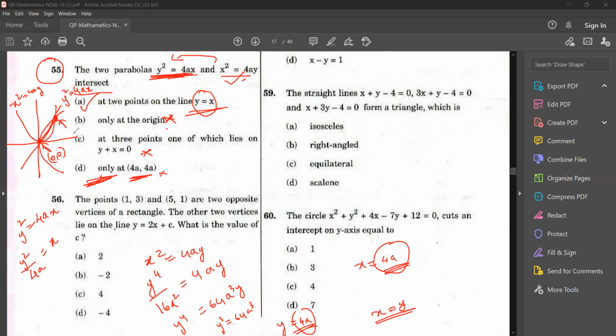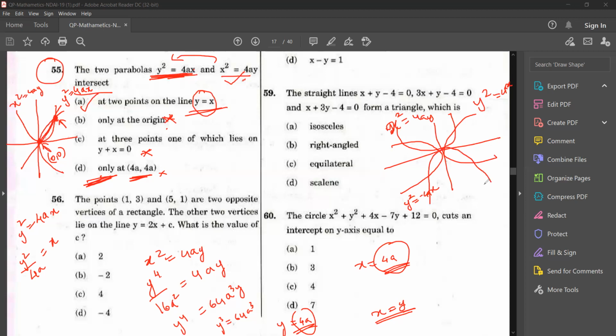So please copy down this. You have to learn by heart the equations of parabola for doing this. This parabola is y square equal to 4ax. This one is y square equal to minus 4ax. This one is x square equal to 4ay. And this one is x square equal to minus 4ay.